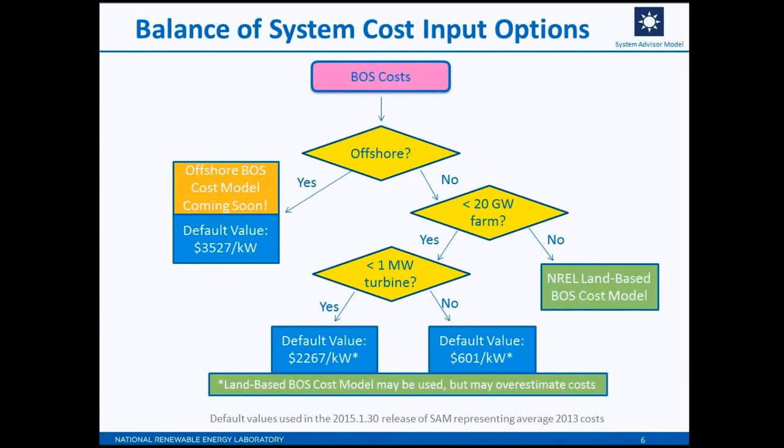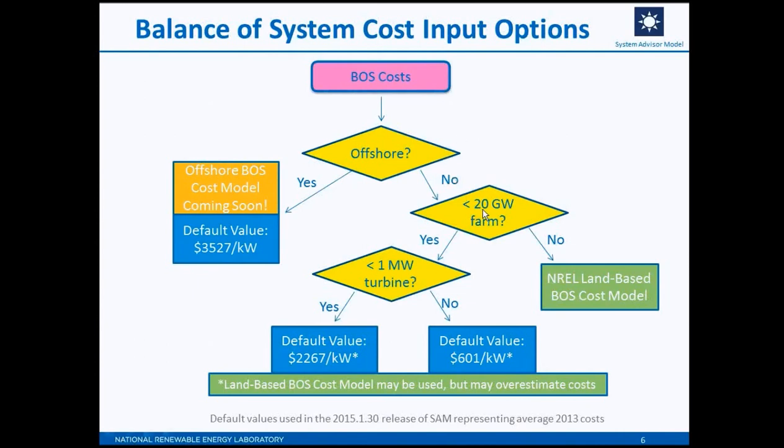Similarly, we have a flow chart for which balance of system default or model is going to get applied when you hit that Apply Balance of System Cost Estimate button. Again, it depends on whether or not it's an offshore turbine. If it is, right now we have a default value that's applied for the balance of system cost. But coming soon, in an upcoming version of SAM, we will have an offshore balance of system cost model that can be used.